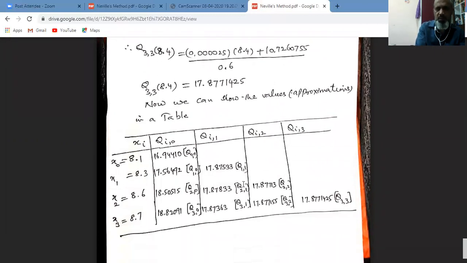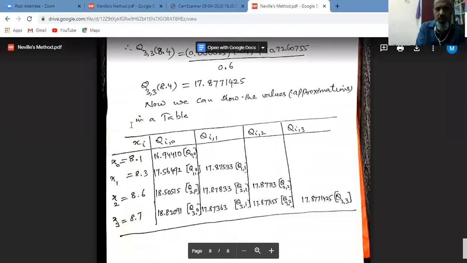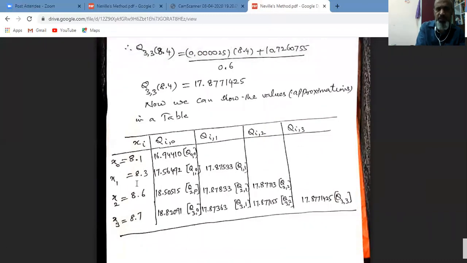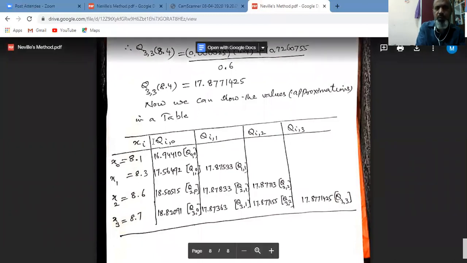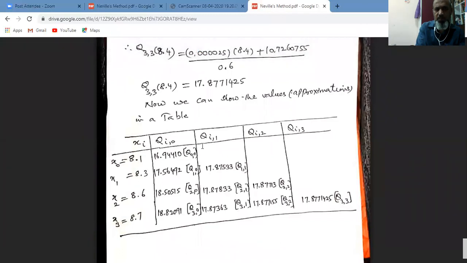In the first column, this is xi, the arguments, the values of x: 8.1, 8.3, 8.6, 8.7. So this is x0, x1, x2, x3. And Qi,0 is the second column. This is nothing but y0, or f(x0), denoted here by Q0,0. This value is Q1,0, f(x1); f(x2) is Q2,0; and f(x3) is Q3,0.